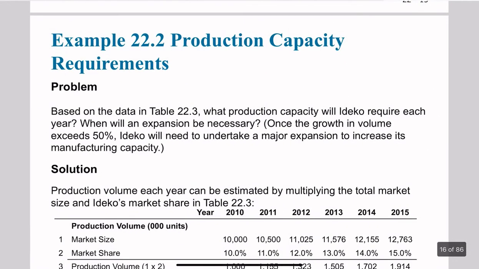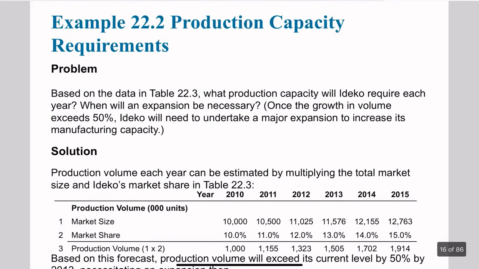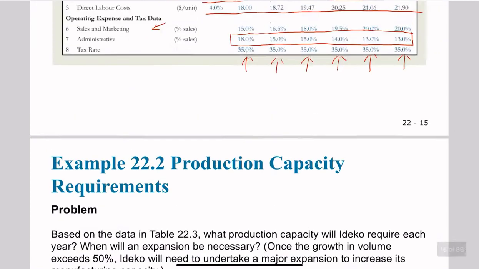Okay, now let's think about the production capacity problem. Based on the data here, what kind of production capacity will Idaco require every year? When will the expansion be necessary? Remember that we discussed this. If the growth in volume is larger than 50%, then Idaco will have to undertake a major expansion to increase its production capacity.